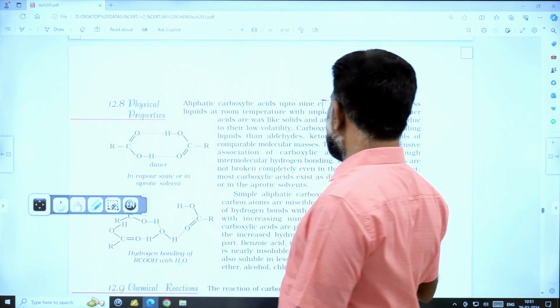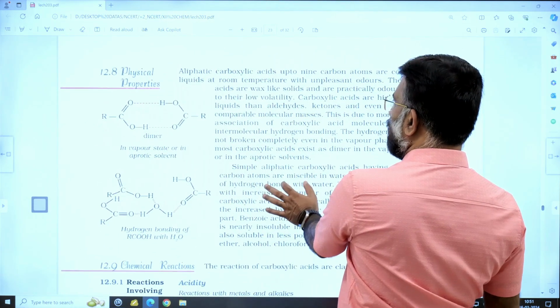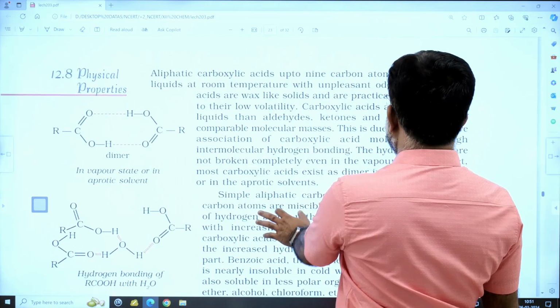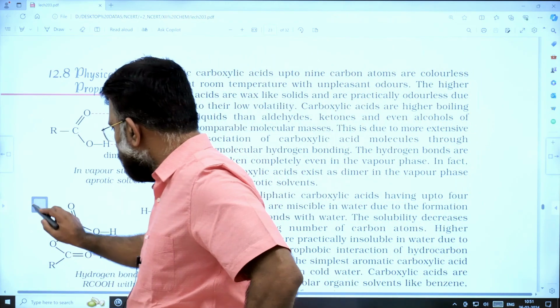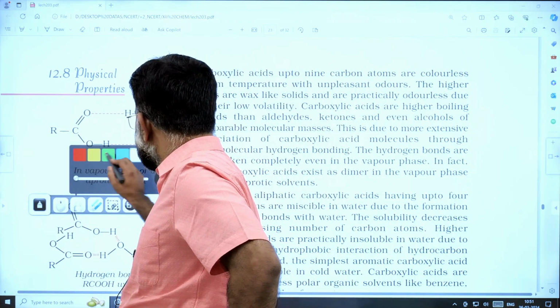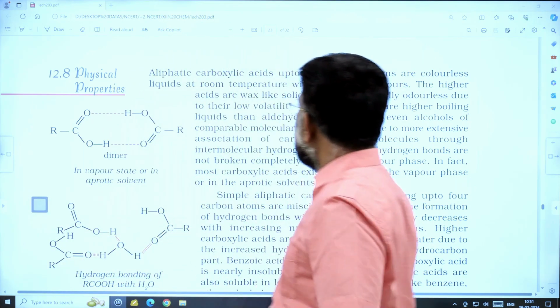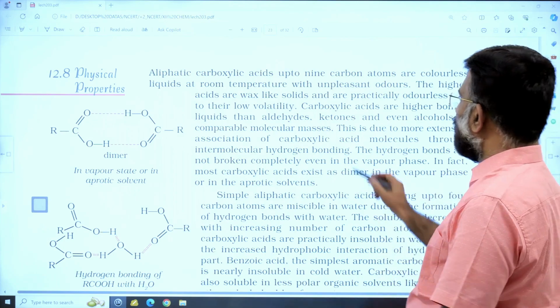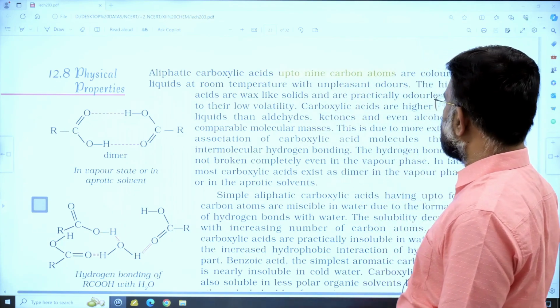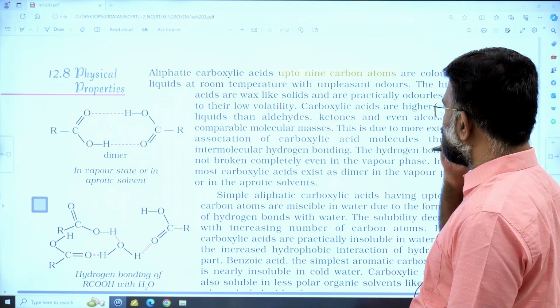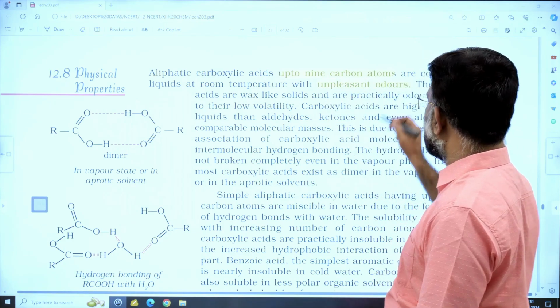Now on to physical properties. Carboxylic acid. Up to 9 carbon atoms, they are colorless liquids at room temperature with an unpleasant odor.